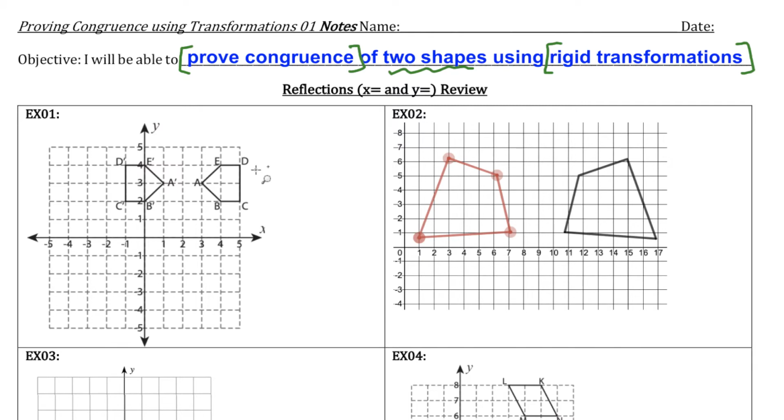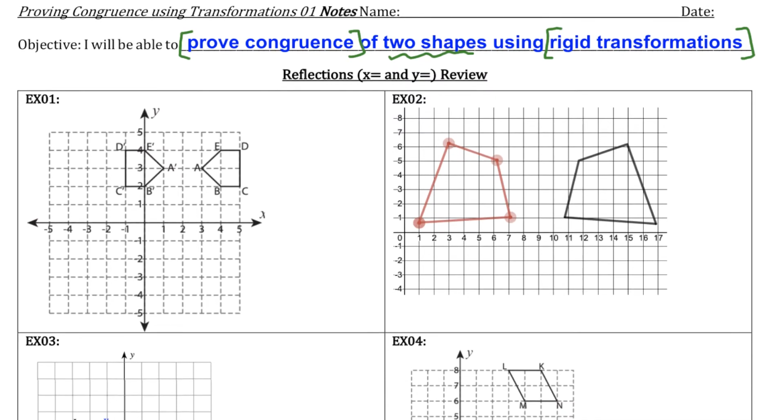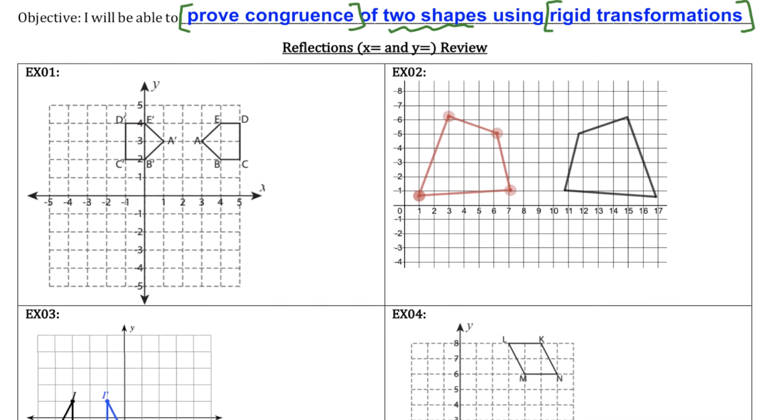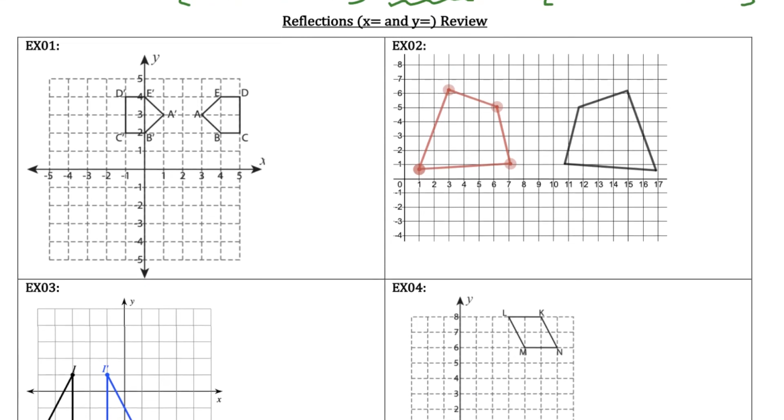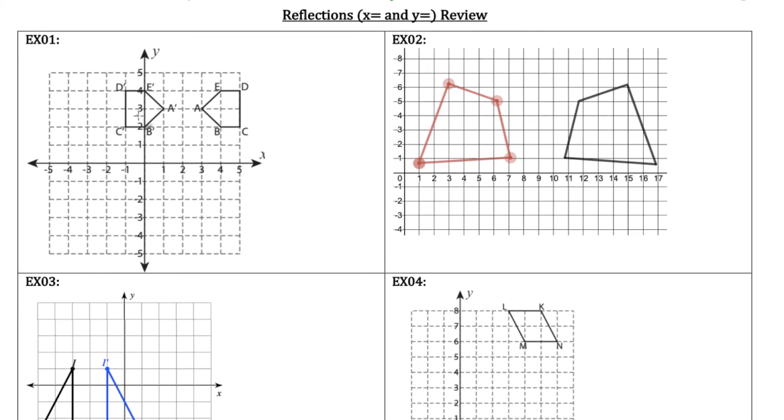So before we prove congruence using reflections, translations, and rotations, let's review some reflections real quick. So we can tell that this shape was flipped. This one was flipped to become that shape.